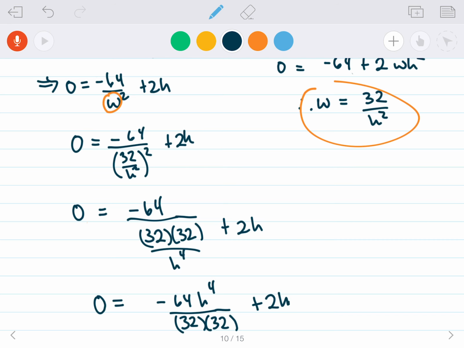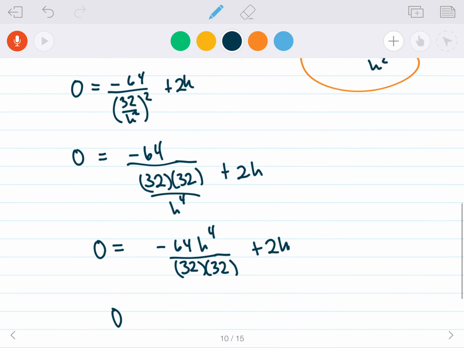Okay, so this is going to reduce to negative 1 over 16, h to the 4th plus 2h.